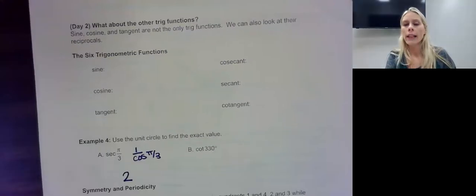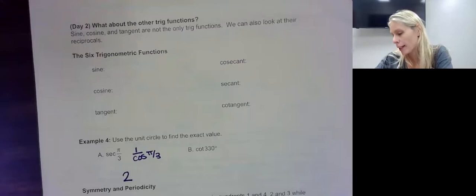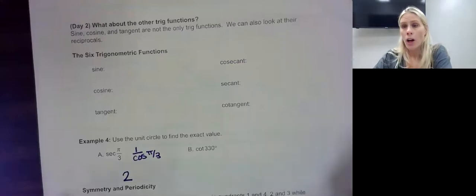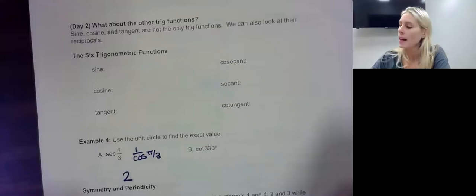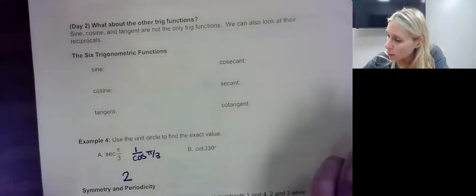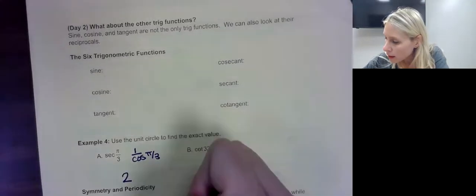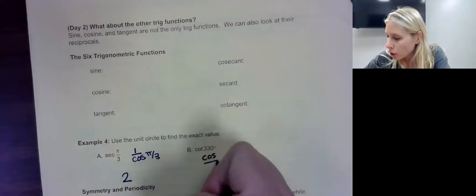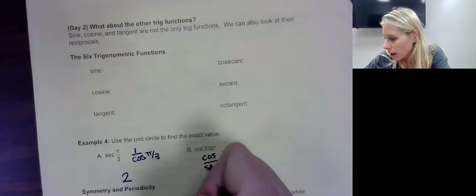Okay, cotangent of 330 degrees. Let's put this in terms that we know from our notes above. Our notes above said that cotangent was cosine over sine. And of course, we're doing this at 330.